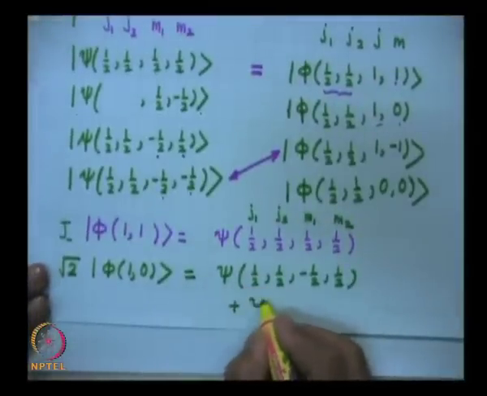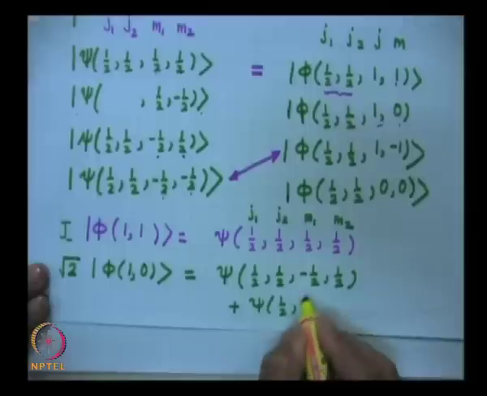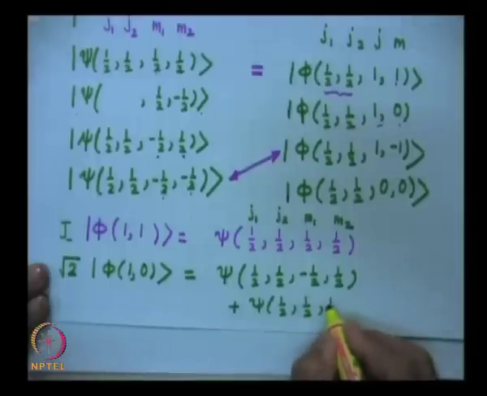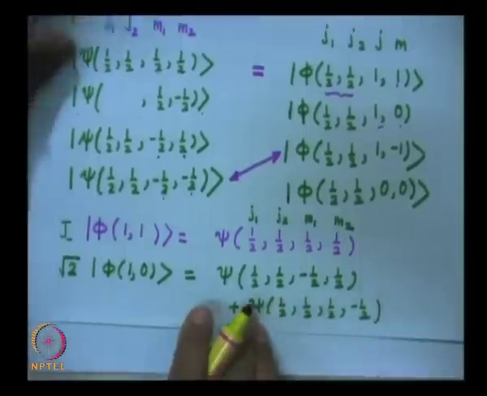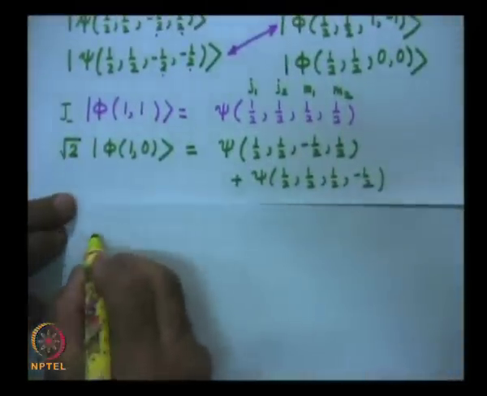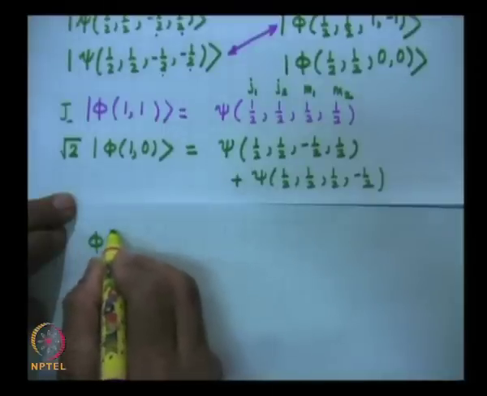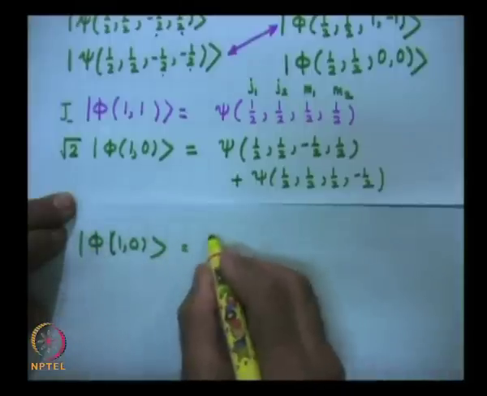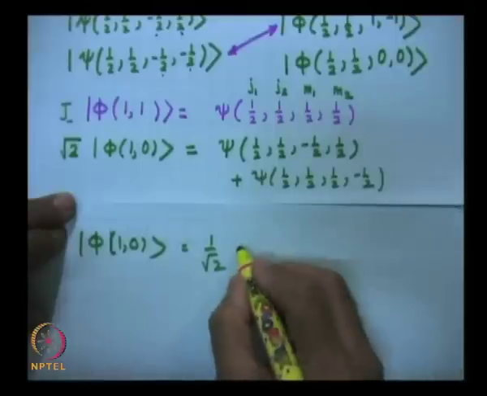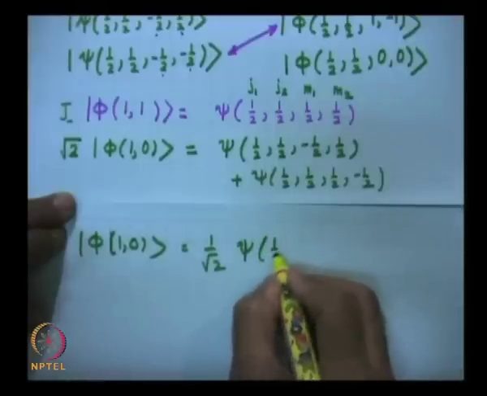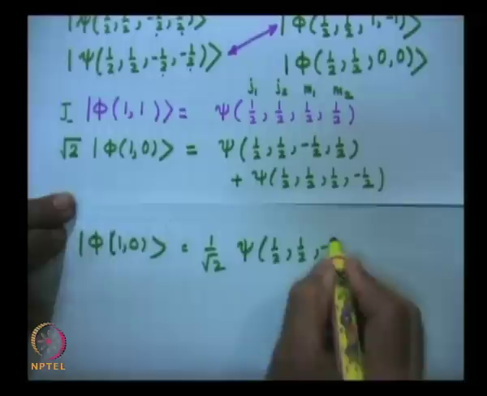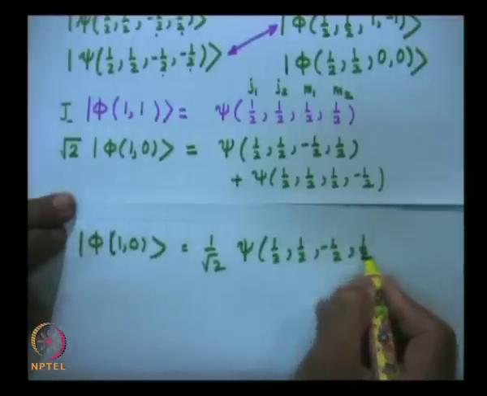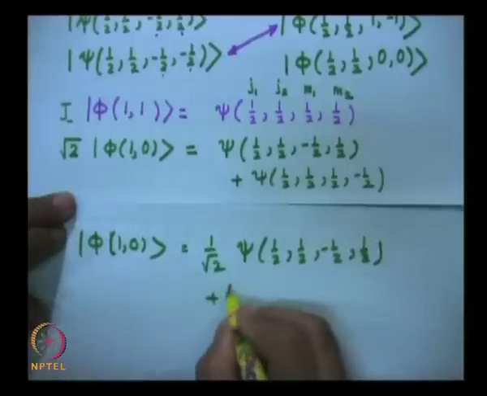So, psi half minus half. So, I get finally the result that phi 1 0 is equal to 1 over root 2 psi half minus half plus 1 over root 2.